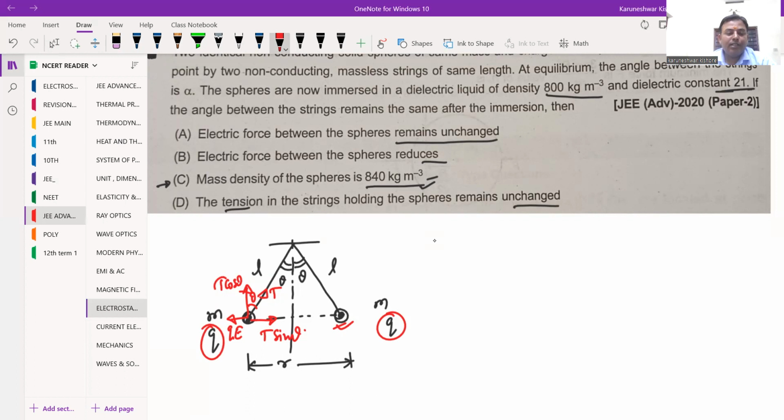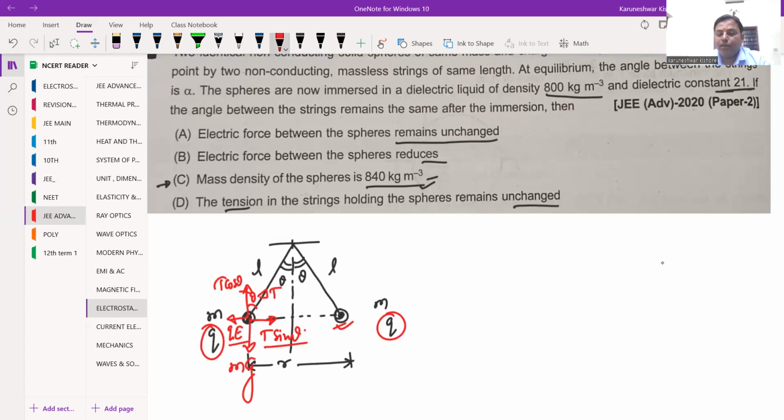Now you can see, if it is in equilibrium condition, then T sin theta is balanced by QE, and T cos theta is balanced by another force due to the earth, that is the force of gravity, mg.